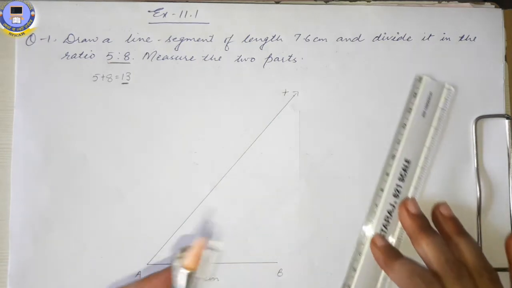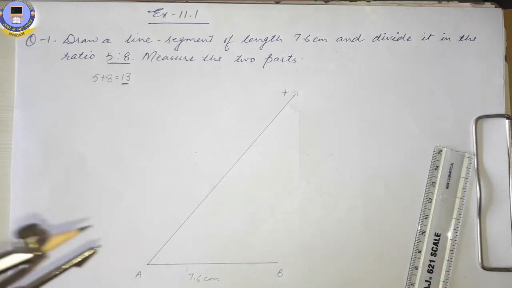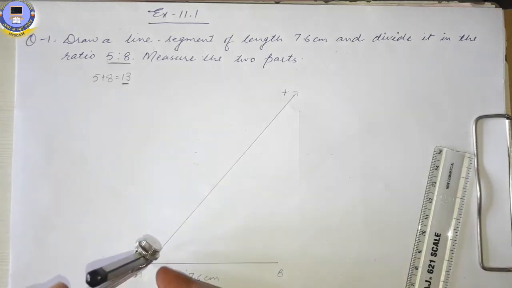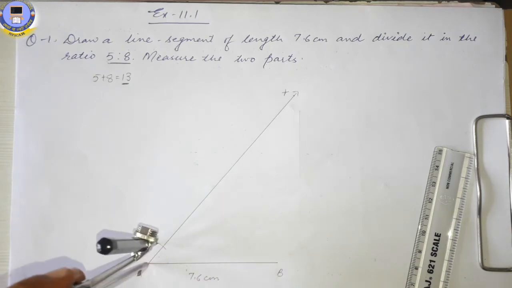So open your compass up to standard size and keeping A as the center, cut 13 equal arcs.